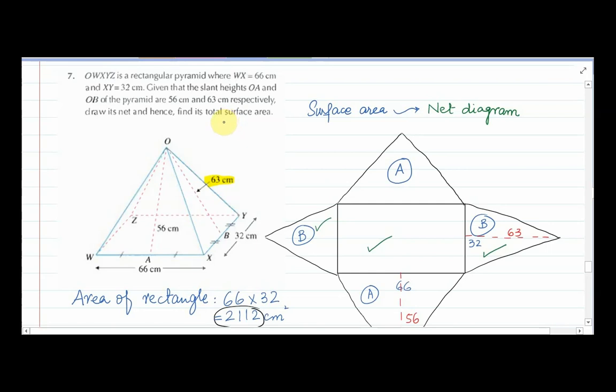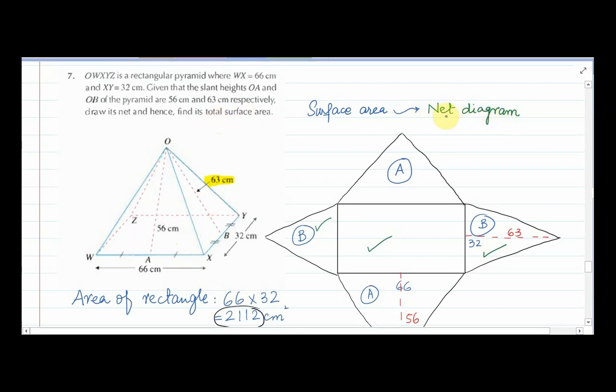And I had told you when I was explaining the formulas and the basic concepts of a pyramid that when you need to find out the total surface area, you need to plot the net diagram.